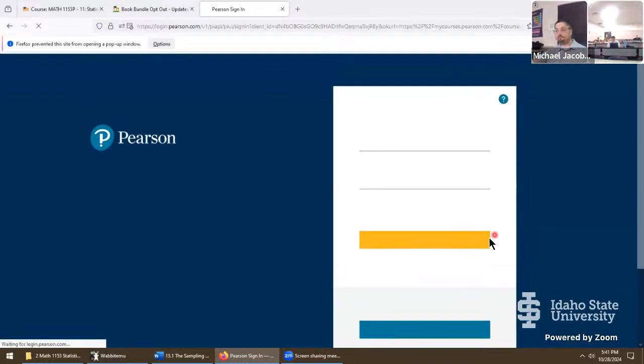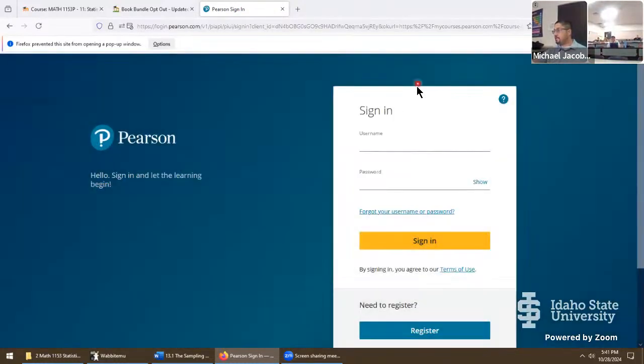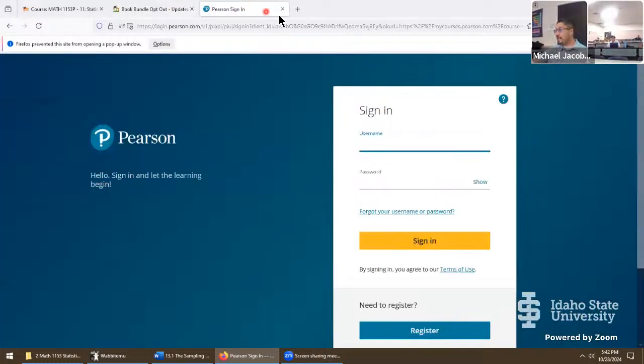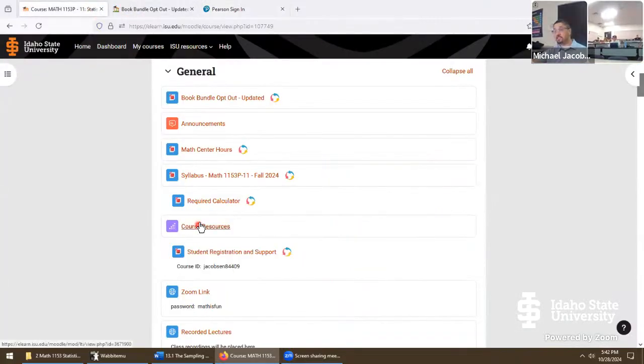And then I could access everything after that. Awesome. So yeah, go to this page right here. This is the last link on that document, up to 6 steps to get this going. And that will be a great way to access the course until this button starts working again. Hopefully it's instant, but everything seems to take a little bit longer to get going in this class with their book bundle. Thanks again for mentioning that.